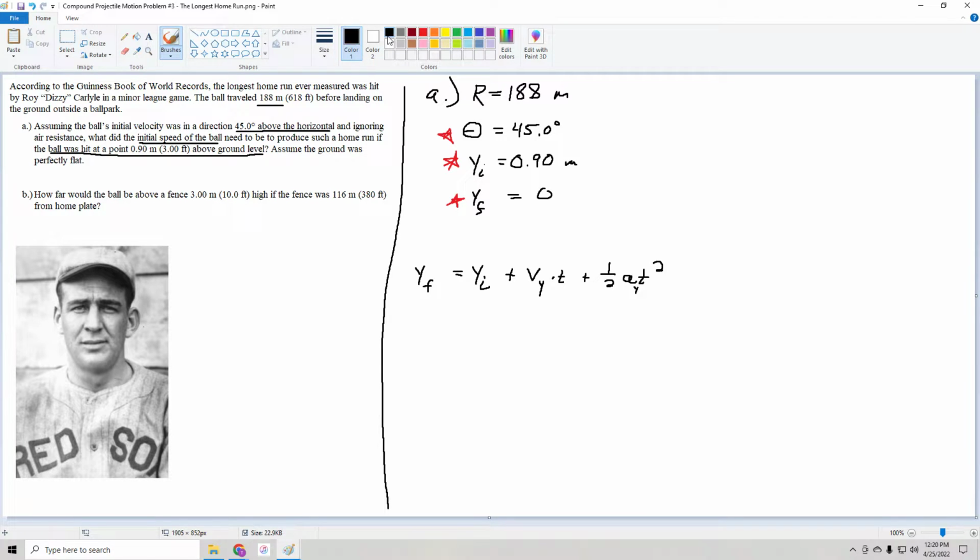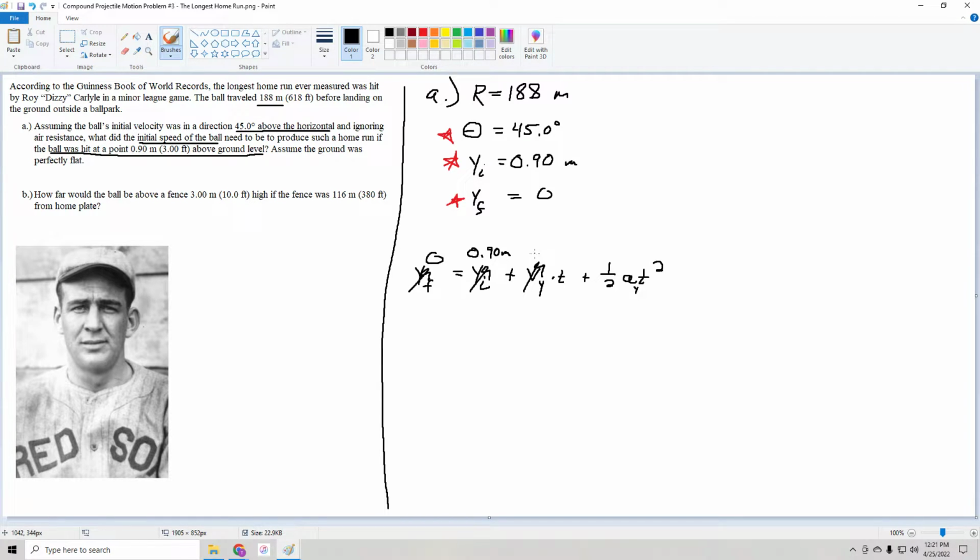And what I'm going to do is plug in some of these quantities. We're going to set this equal to 0. We said that the initial y position that he's hitting the ball from was 0.90 meters. The v y, do we know this? No, not really.